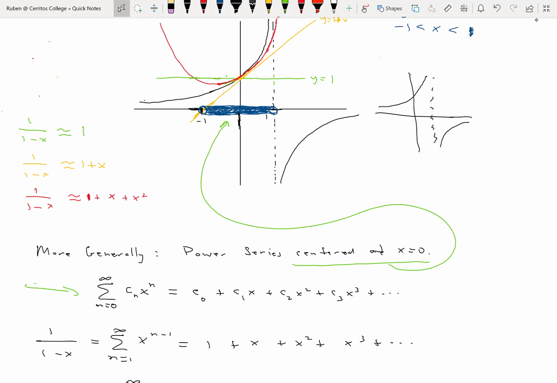We'd like our power series to be in terms of the sum of c sub n x to the n. So I'm going to try to make the power series we just looked at, the one for 1 over 1 minus x, look like the sum from n equals 0 to infinity of c sub n x to the n.